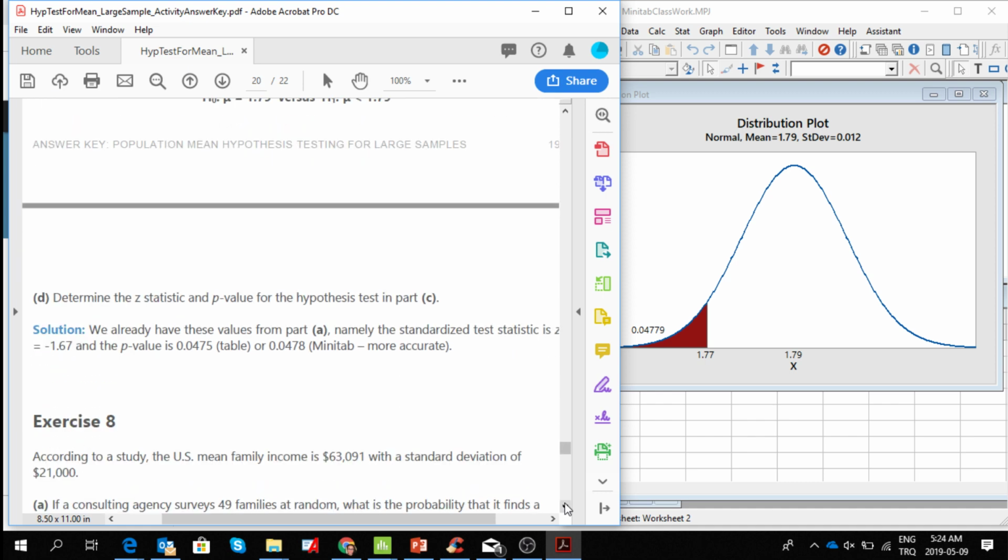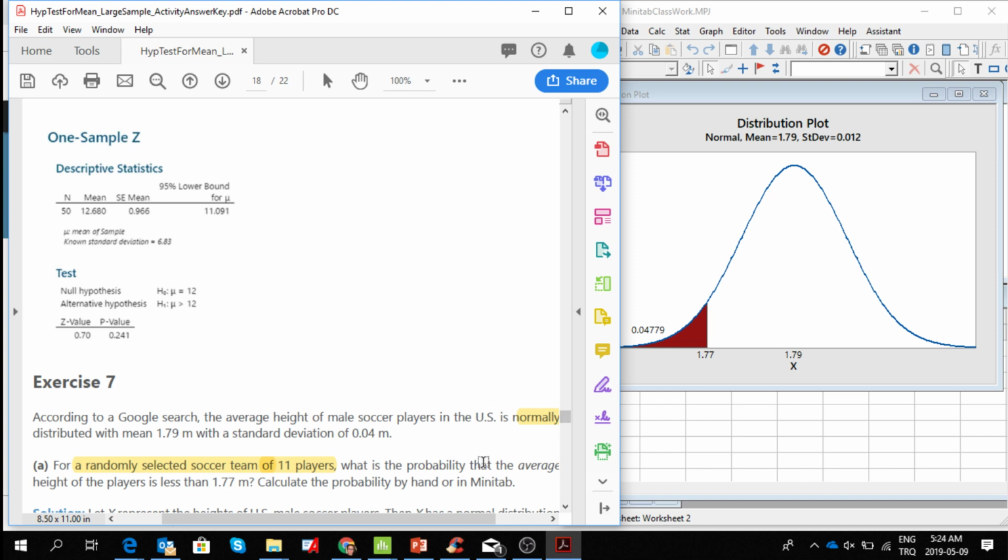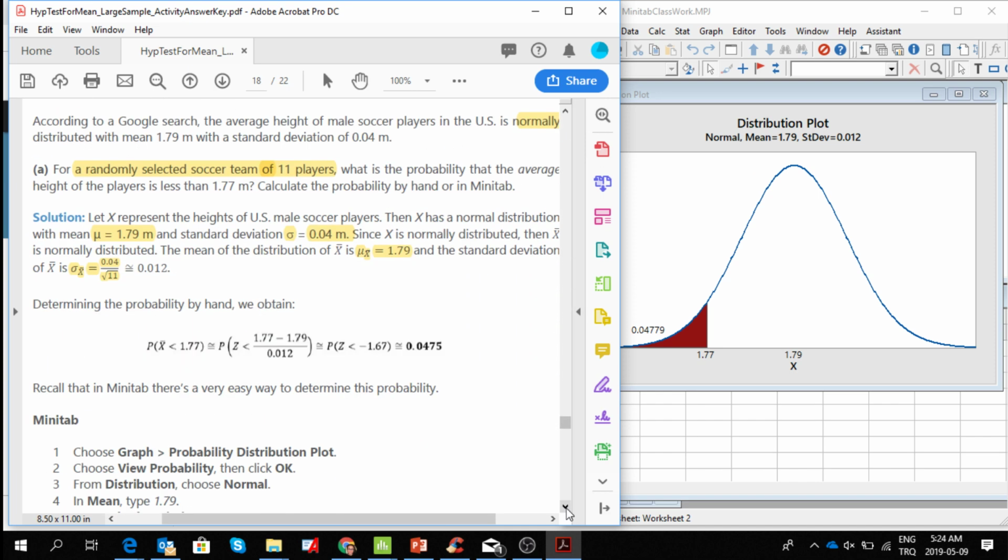So we are going to go down to question D. Determine the z statistic and p-value for the hypothesis test in part C. The z statistic was already found. Let's go back to part A. This value, which is negative 1.67, is the z value.